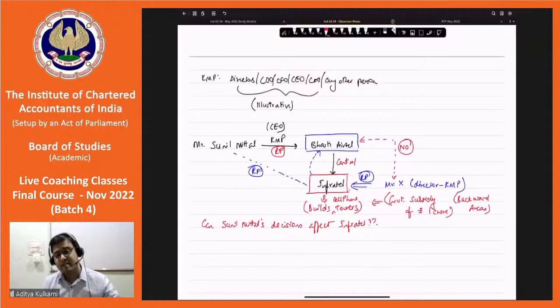Now, who is ultimately going to benefit from the tower? Ultimate beneficiary will be Bharti Airtel, because spectrum is owned by Bharti Airtel. Airtel will tell, okay, you put in the tower, but where is the spectrum? And even if there is a spectrum in the backward area, where are the customers?